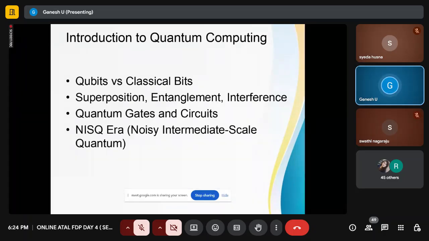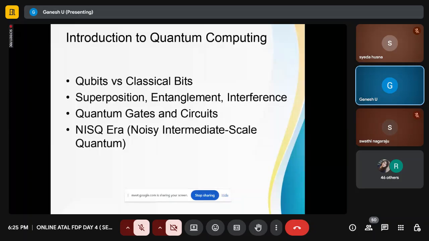These all we have to consider in any machine learning technique, whether a neural network, which was discussed in the previous session, or a quantum support vector machine. You need these quantum gates, quantum circuits, and these three properties. The X gate flips 0 to 1 and 1 to 0.